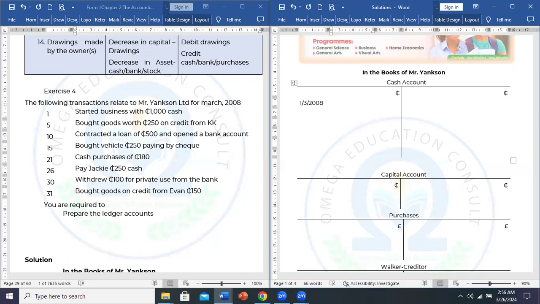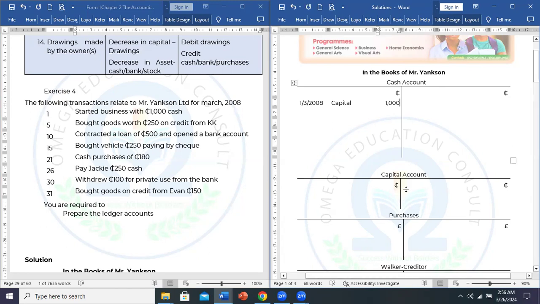Under the details, you put the corresponding account. So we have just seen that you open cash account and capital account. So in the cash account, the detail will be capital. That's the corresponding account where you are going to have the corresponding entry. We put 1,000 there.